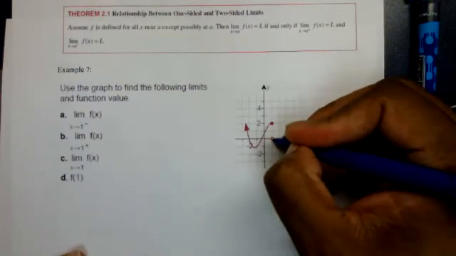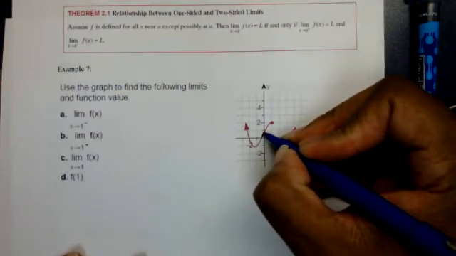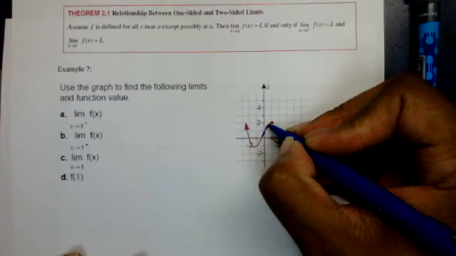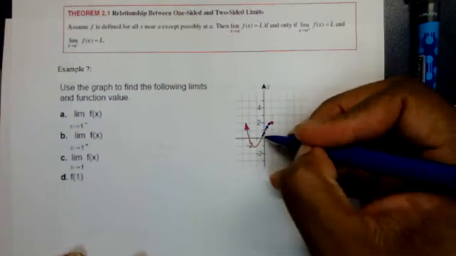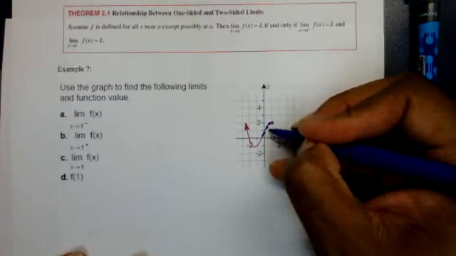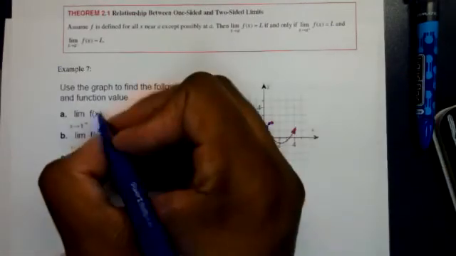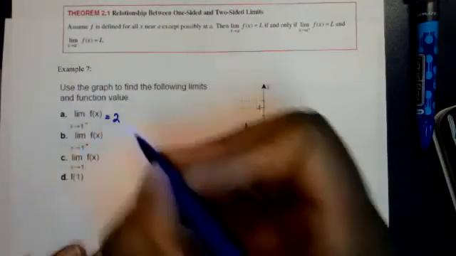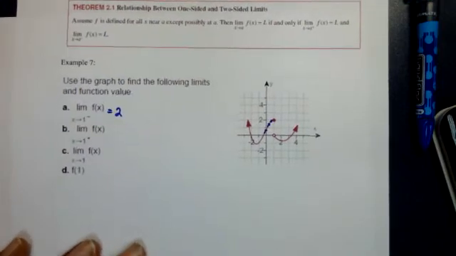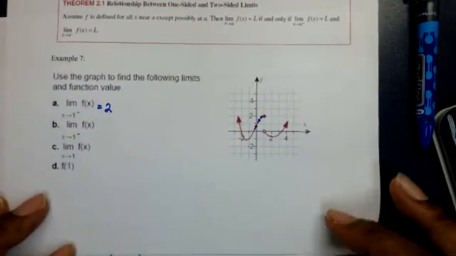So here's 1 right here. We're looking at what's happening to the left of 1. To the left of 1, the graph of f of x is approaching some value, getting closer and closer to this value right here, 2. So the limit as x approaches 1 from the left of f of x will be equal to 2.